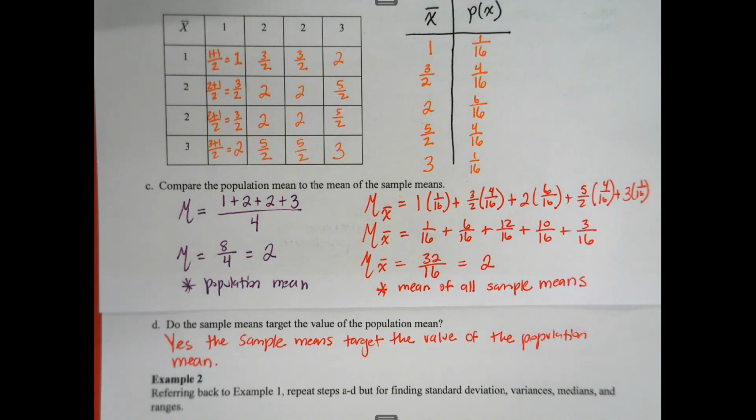So sample means target the population mean. It doesn't systematically overestimate or underestimate. That is why we consider it an unbiased estimator, because we can take the mean of a sample and it is going to be very close to the mean of our entire population.